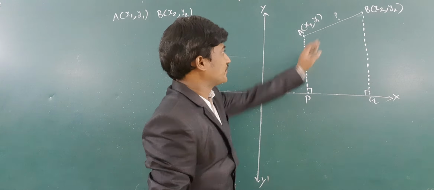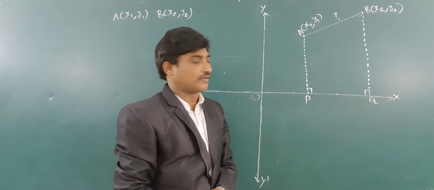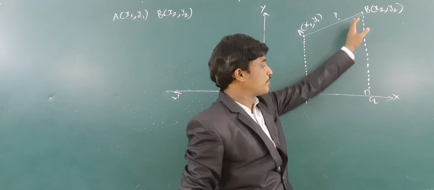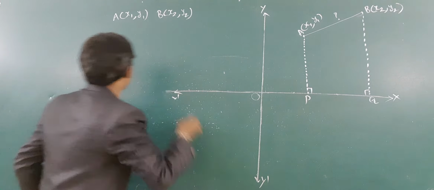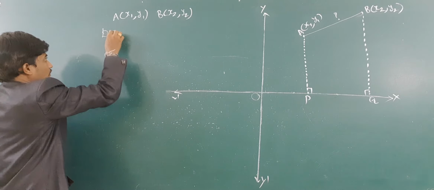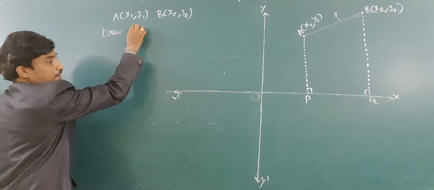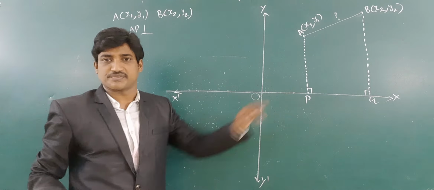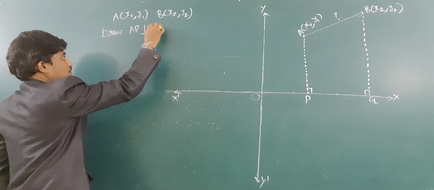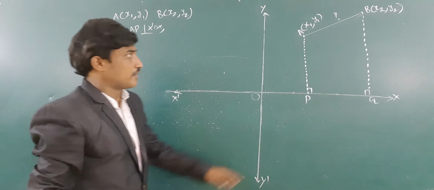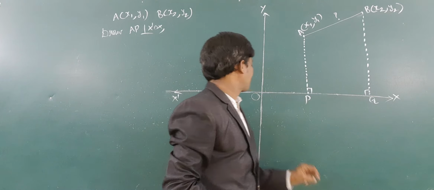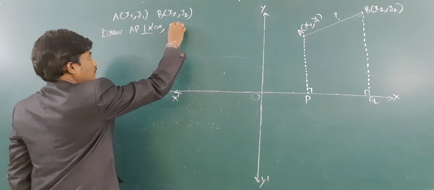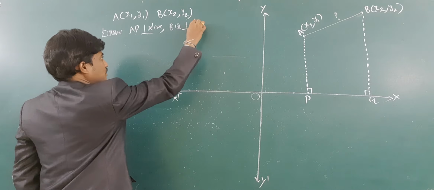To get the distance formula, I drew AP perpendicular to the x-axis, that is x dash OX, and BQ perpendicular to x dash OX.